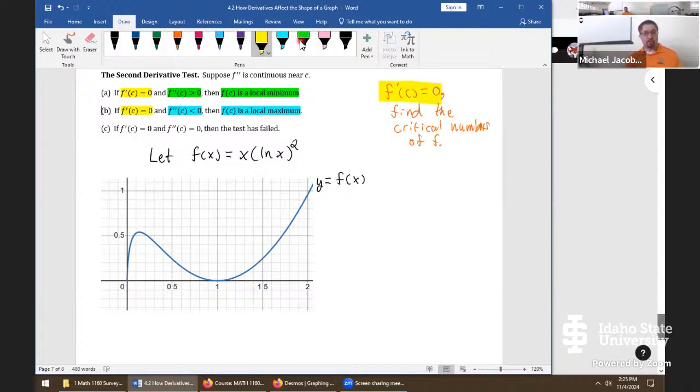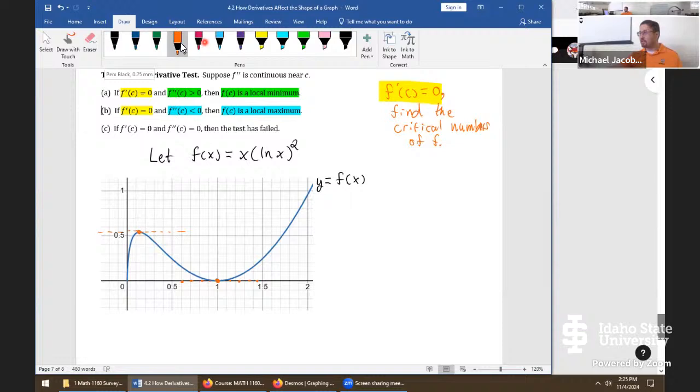So that's what that's asking for. But when the derivative comes out as 0, that means the tangent line is horizontal. So we have a horizontal tangent line here. This is the location where the derivative is 0. And a horizontal tangent line here. So this is another location where the derivative comes out as 0.